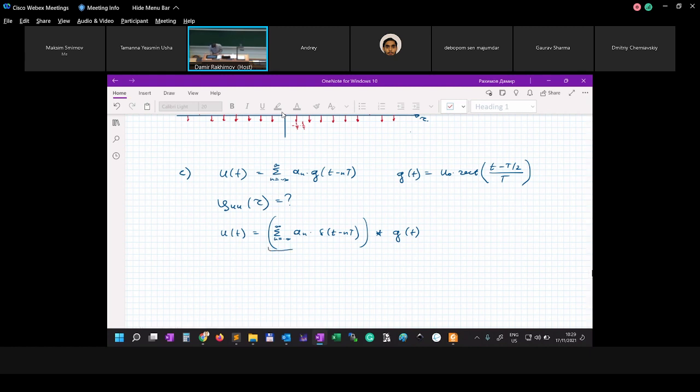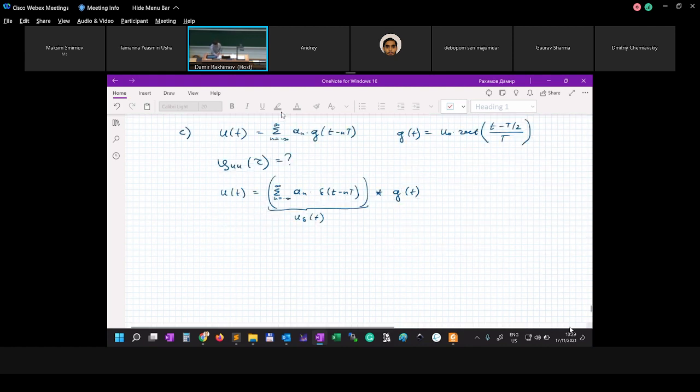We already know the autocorrelation function for the delta part, called u delta of t. And it's very easy to calculate the autocorrelation for a rectangular pulse. It's just a triangular shape function. And that's it. We just need to write what the rectangular shape is.